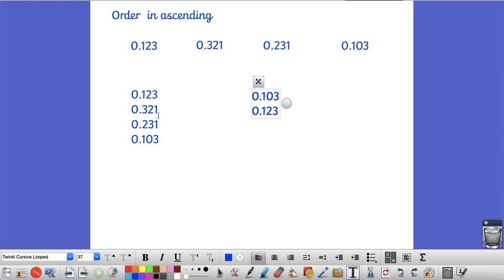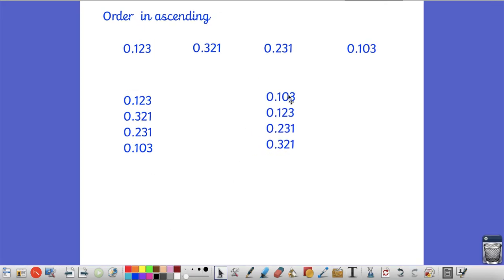Okay, so now I've got two numbers left. I'm going to back out to my tenths column again. Now this time I've got a 3 and a 2. We know that 2 tenths is less than 3 tenths, which means that must be the next number, 0.231. And our final number should be 0.321.